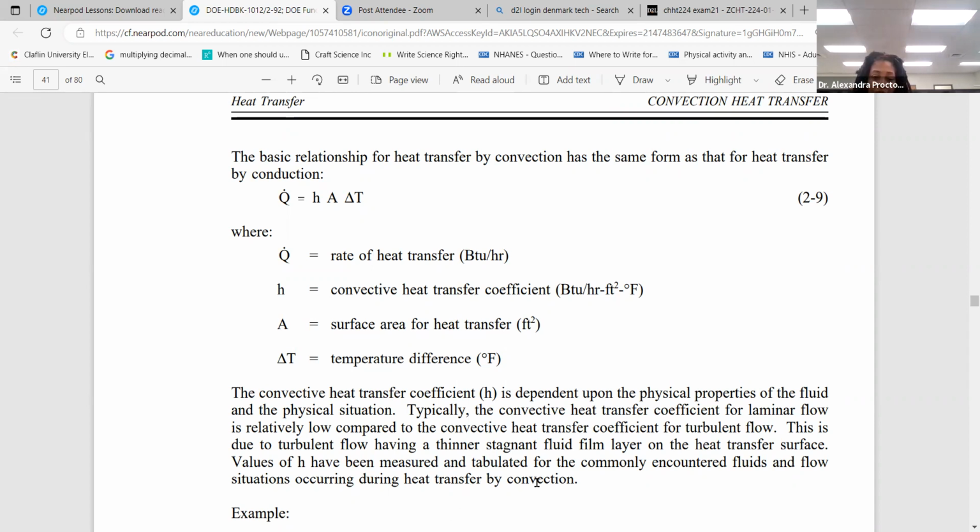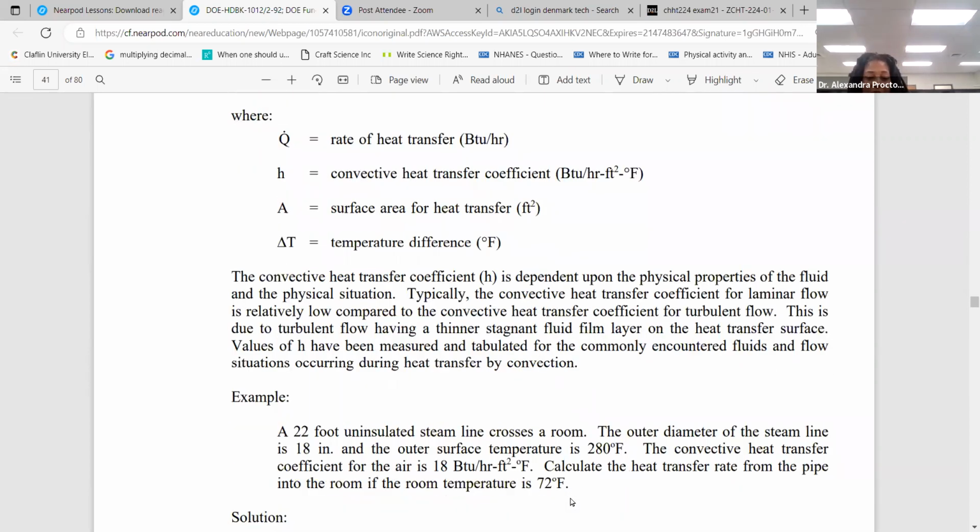And this is due to turbulent flow having a thinner stagnant fluid film layer on the heat transfer surface. So values of H have been measured and tabulated, so they are constants for the commonly encountered fluids in flow situations occurring in heat transfer by convection.